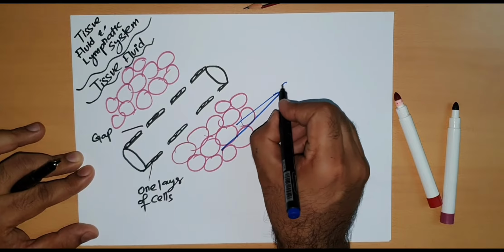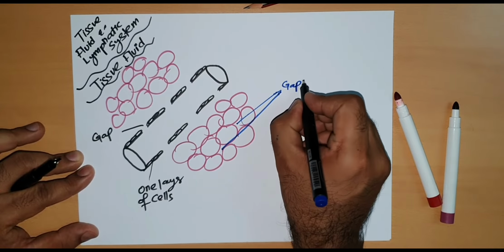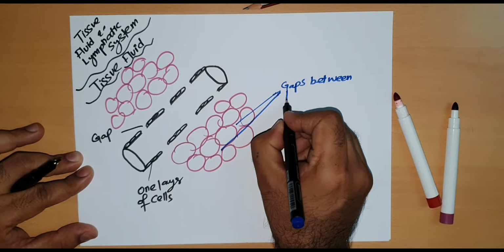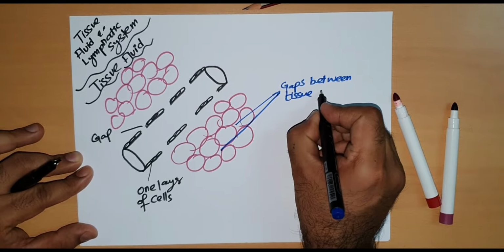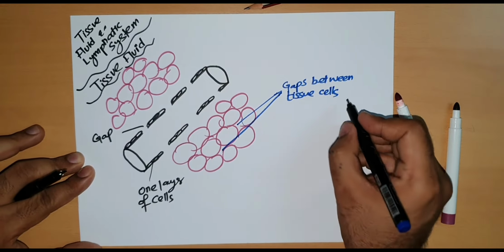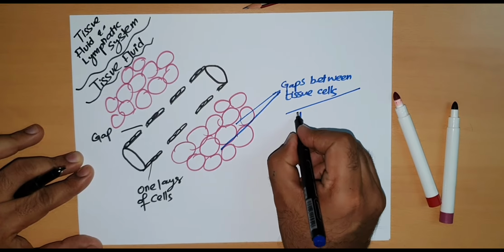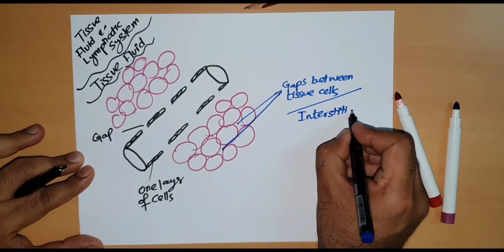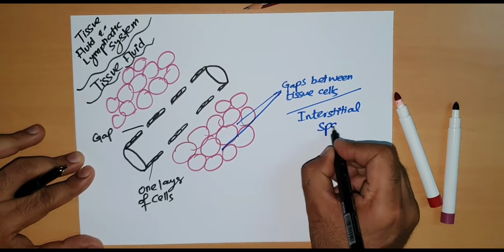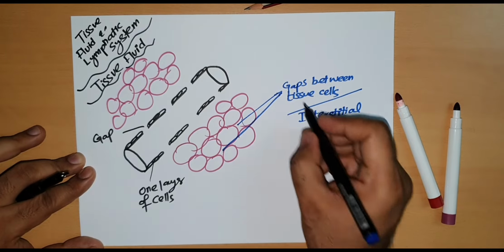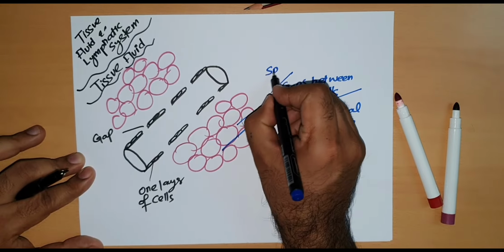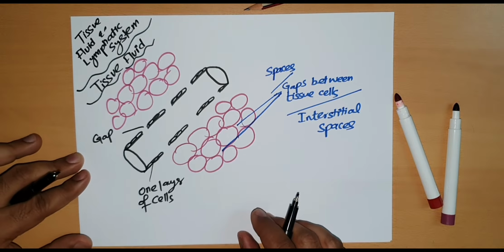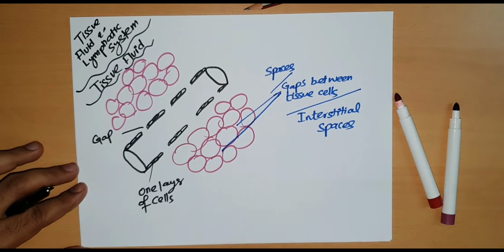These gaps between tissue cells are called interstitial spaces.